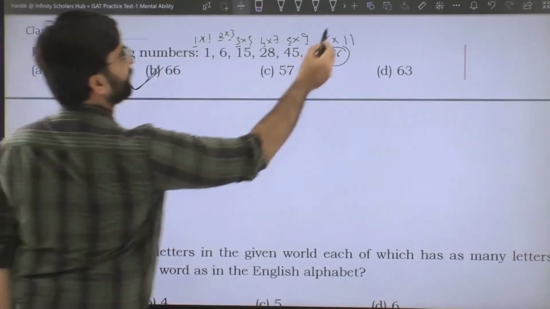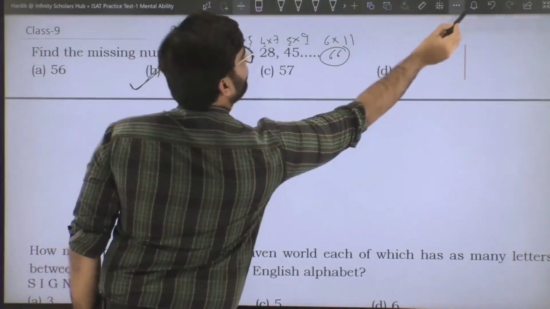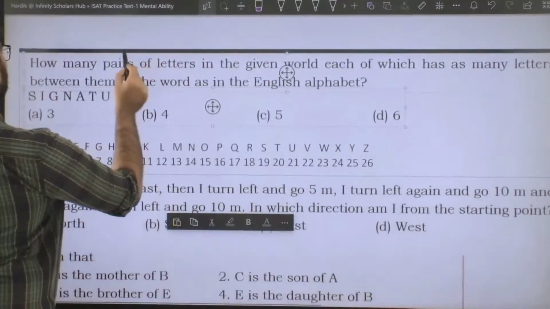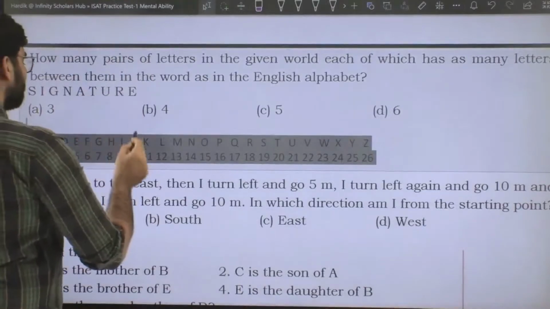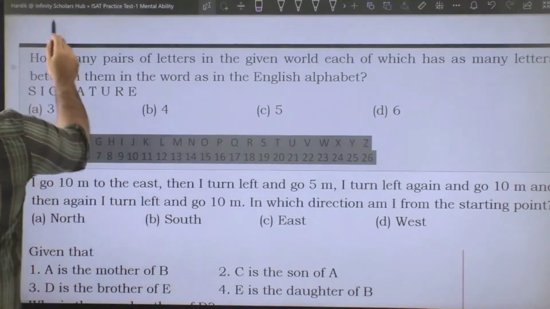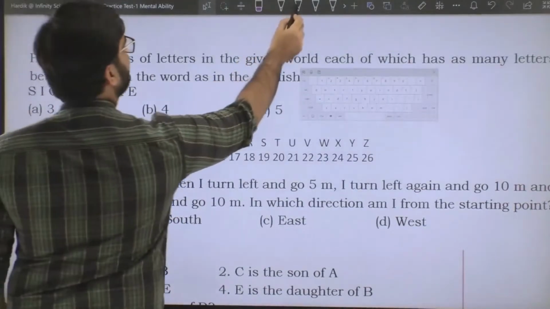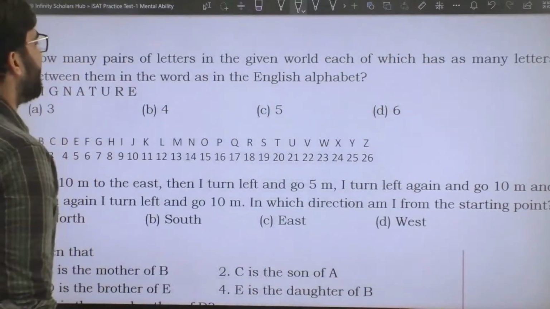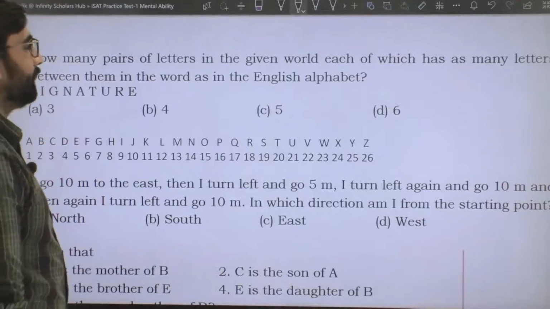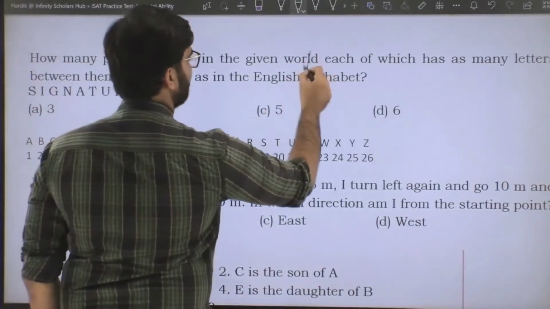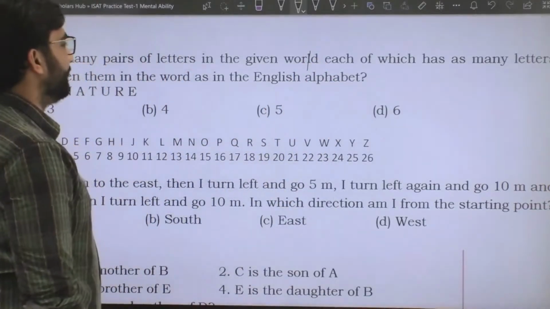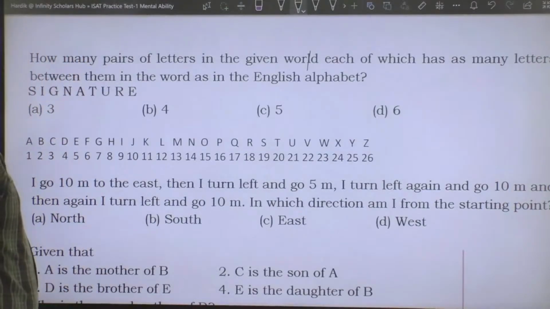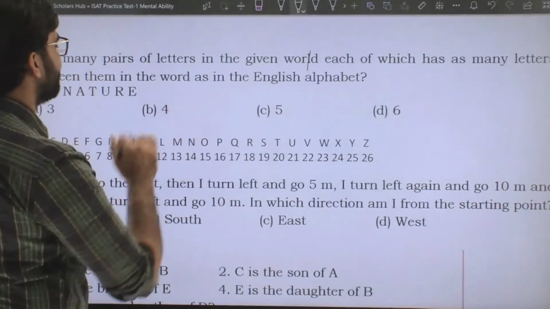Now let's see the second question. How many pairs of letters are there in the given word, each of which has as many letters between them as in the English alphabet?